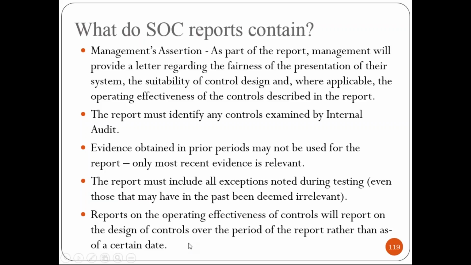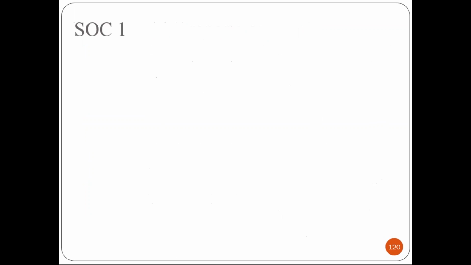So it does not make a statement that on this date of the year the controls were working well. They have to do enough testing to say that from this beginning period to that ending period, the controls seem to be working effectively. So it's not a report for a certain date. It covers a period of time.